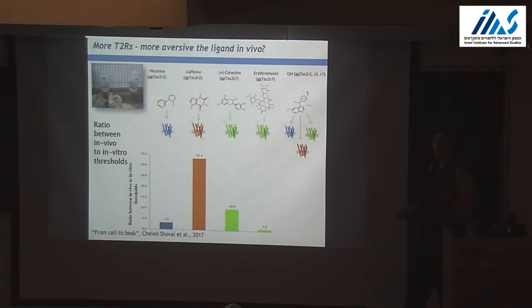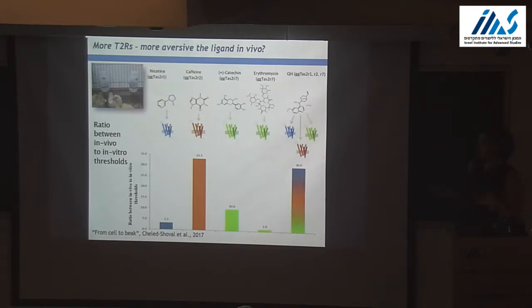If we look at the ratio between in vivo threshold for being averted from the solution that contains the compound, the in vivo to in vitro ratio is just different for different ligands, and the one that activates 3 different subtypes was not more disgusting to the chicken than others.